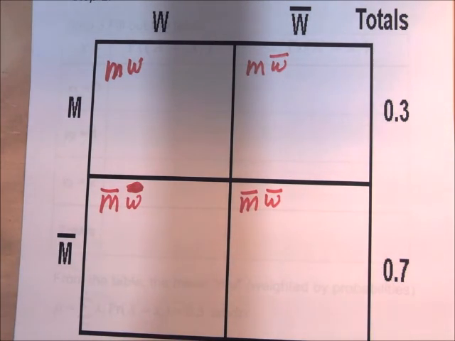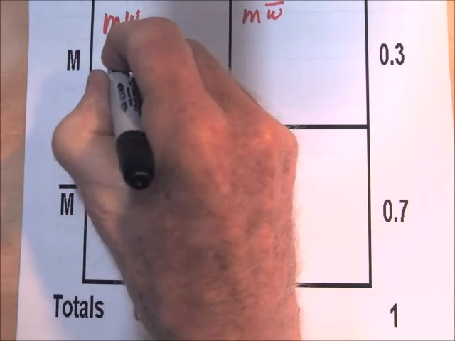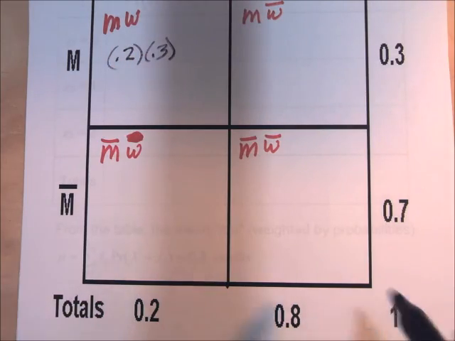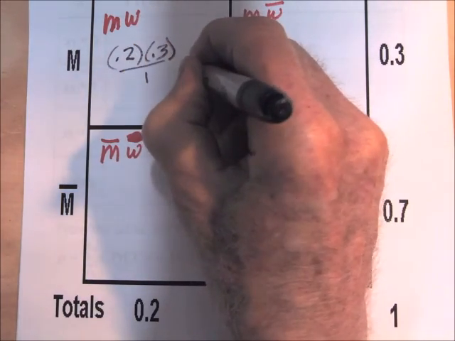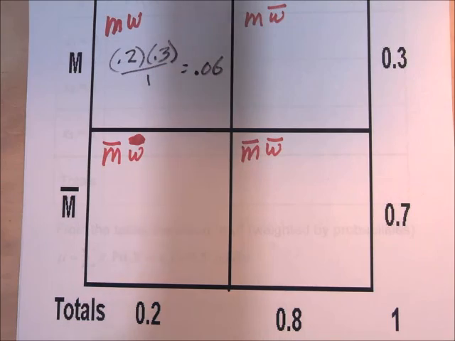by the grand total. So this is going to be 0.2 times 0.3. Well, actually, the grand total is 1, so if you want, you can divide by the grand total, but that's just equal to 1. And this is going to be 0.06. 2 times 3 is 6, and we have 2 digits to the right of the decimal.